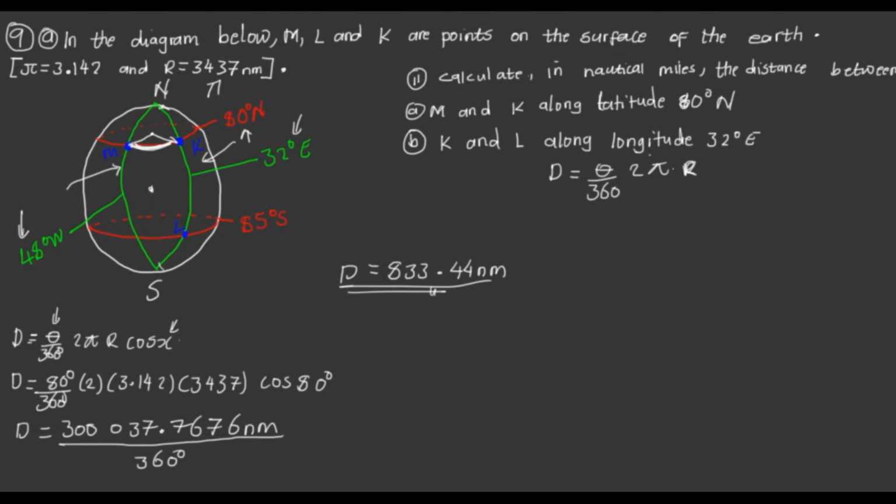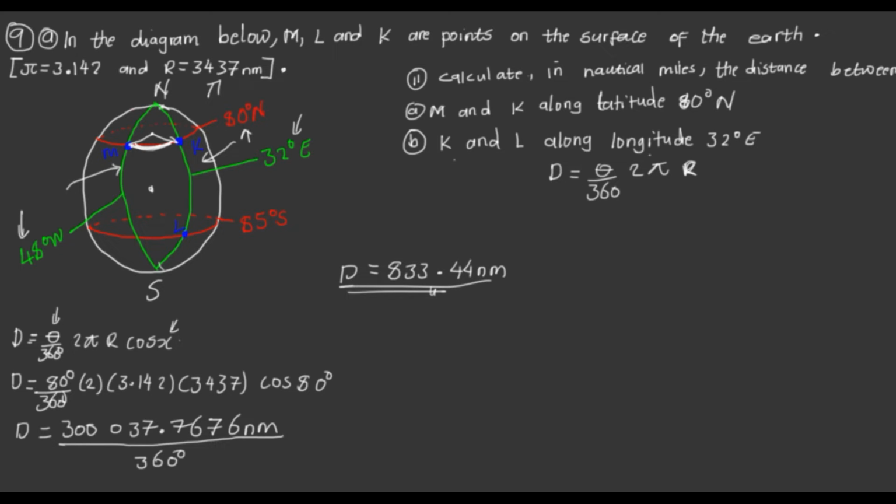If you are finding the distance along longitudes, the cos x must not be added to the formula, because the longitudes are considered to be great circles, and therefore their radius is equal to 3437 nautical miles, 6370 kilometers. So we don't include cos x.